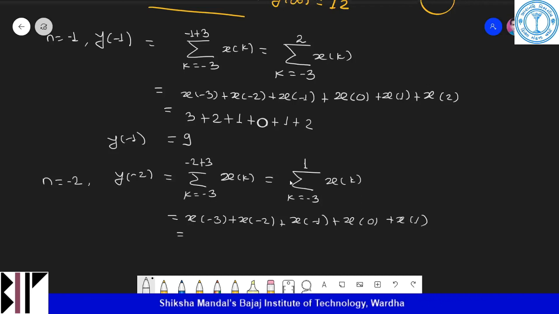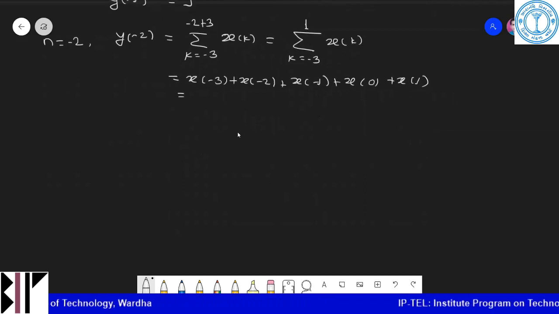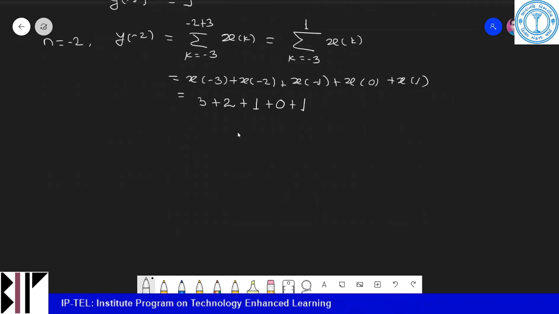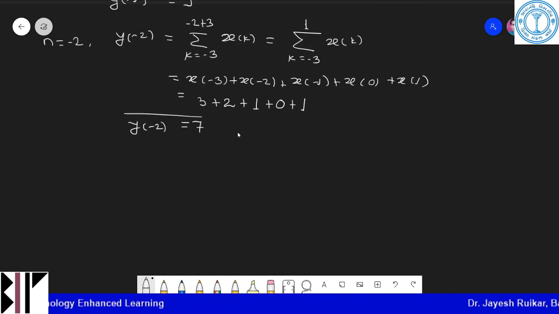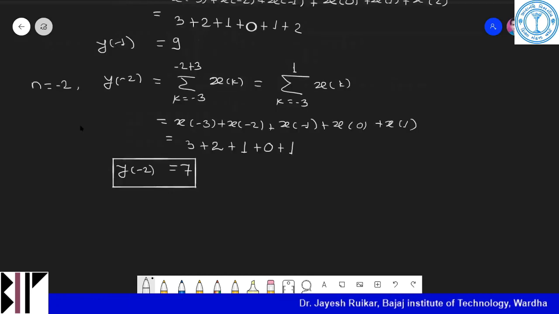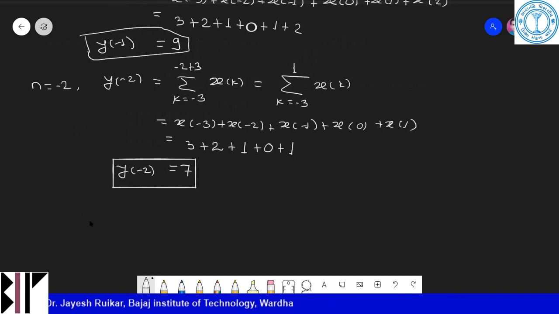When you add this signal, you will get the value. This is 3 plus 2 plus 1 plus 0 plus 1: 3, 3, 6 and plus 1, 7. So y of minus 2 is equal to 7, and y of minus 1 is equal to 9.